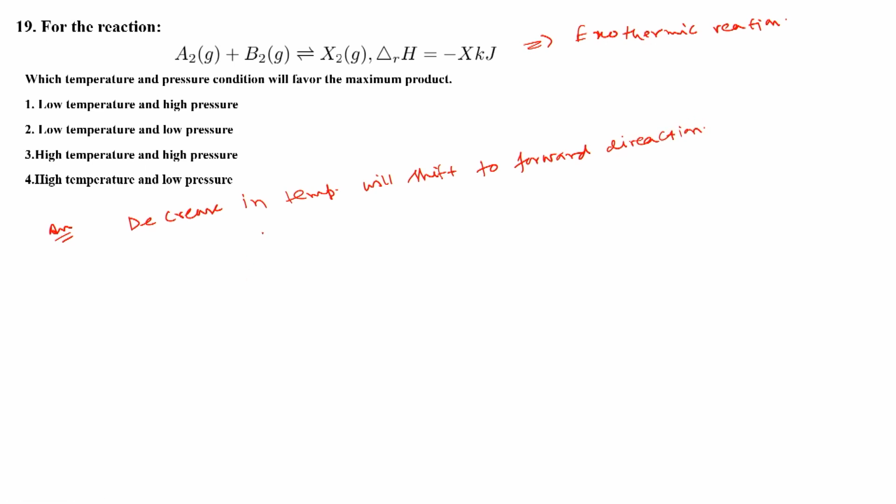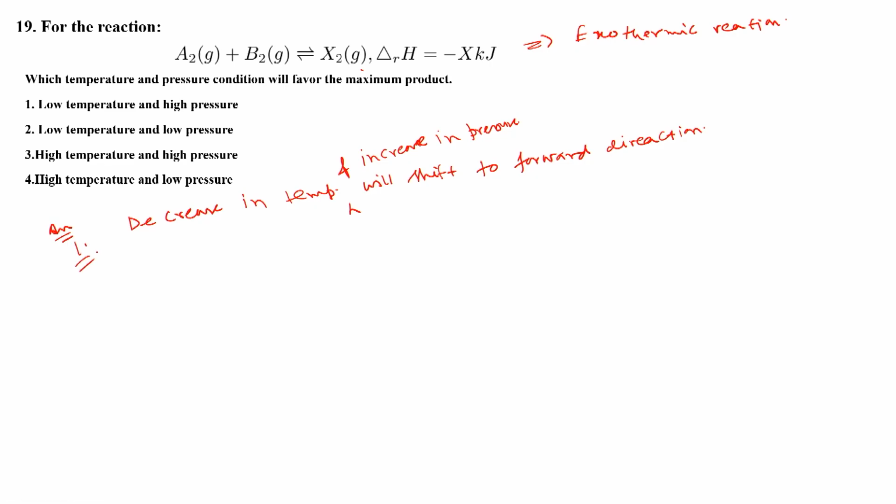Decrease in temperature, and we increase the pressure also, decrease in temperature and increase in pressure. Because you see fewer moles of products are formed in the forward direction. Okay, so if we increase the pressure as well as decrease the temperature, we will shift to the forward direction.